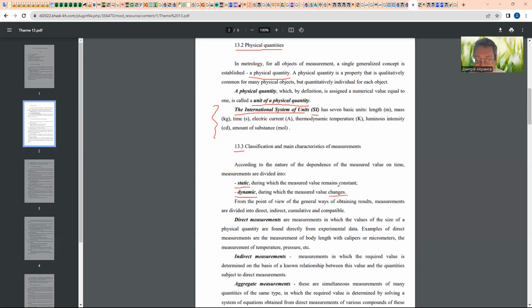In static, the measured value remains constant. In dynamic, the measured value changes.